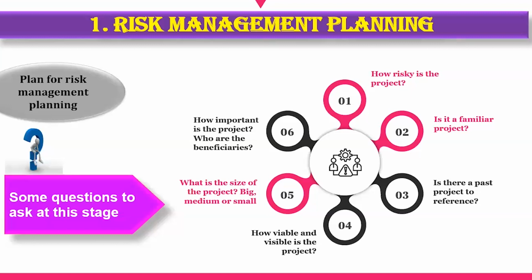Then the other question we should be asking ourselves is how important is the project? Who are the beneficiaries? Who is supposed to benefit from this project? When we go through this thinking process, then we are really starting the project management from a very strong risk management perspective. And it is important that in managing risk, these considerations are well thought of.